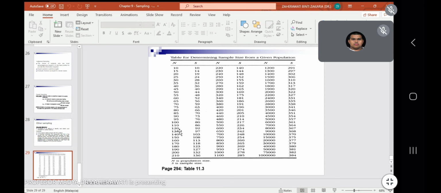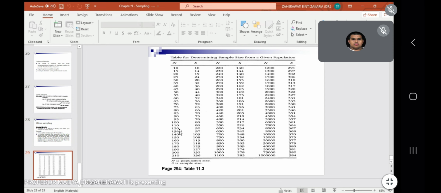Roscoe is a statistician saying that regardless of population, it is okay to have only 30 to 500 as a sample size. Even though it is a big number, 500 is just okay. Let's say if you want to study the whole country, you can choose 300, you can choose 100, but looking country-wise, maybe more than 300, maybe 500.